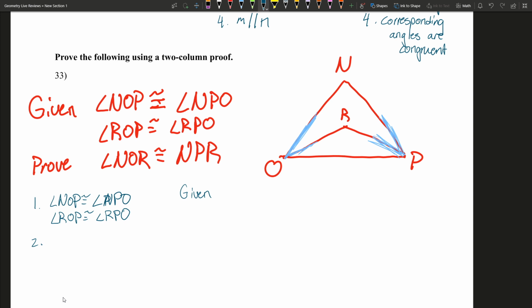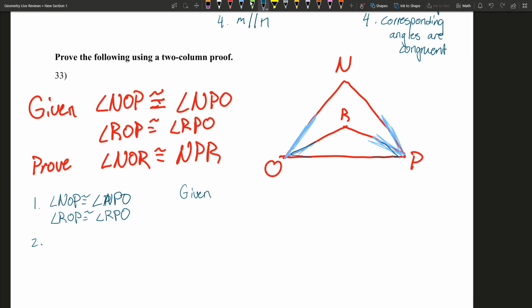All right, so we're given that NOP, the big angle, is congruent to NPO, the other big angle, and ROP, the smaller angle, is congruent to RPO with the other smaller angle. All right, so the only part we're missing are the smaller ones. So we can set up a sum of two angles equal to a bigger one.